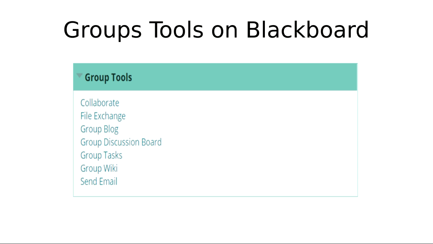And then the main thing that you're probably going to be taking a look at and using the most is the group discussion board. And I'm going to show you on the next page what the group discussion forums look like right now for the discussion forum page if you click on this link. So that's on my next slide.